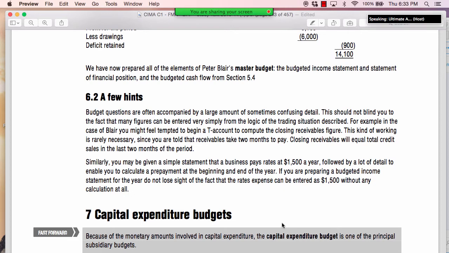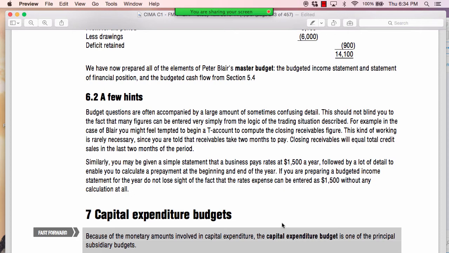So what it says is, the company has a yearly rates expense of 1,500. Then they'll go on to tell you a story. Last year there was a prepayment for this year's rates expenses of $300, and then this year we have paid an amount of 5,000, which includes the rates expenses for the next 2 years as well. Prepare a profit and loss statement, for example.